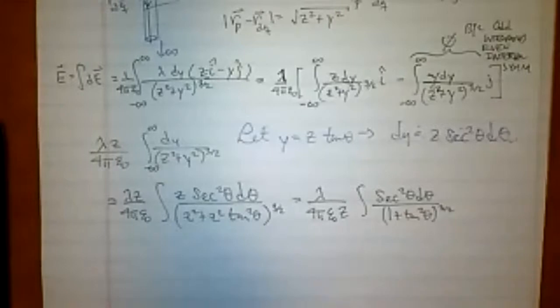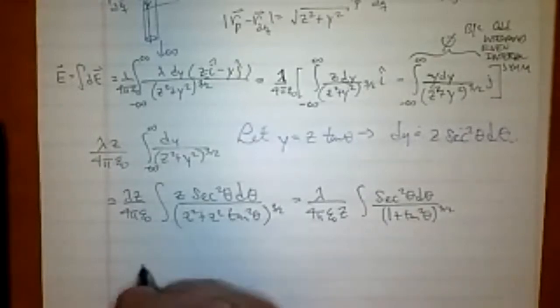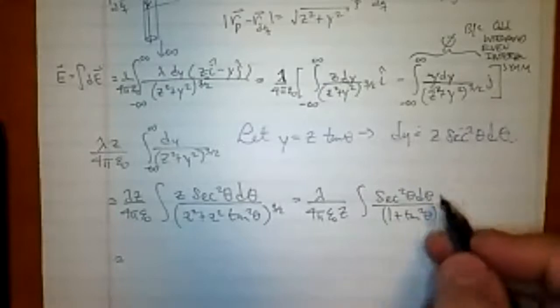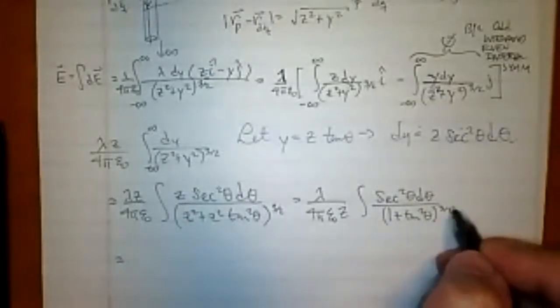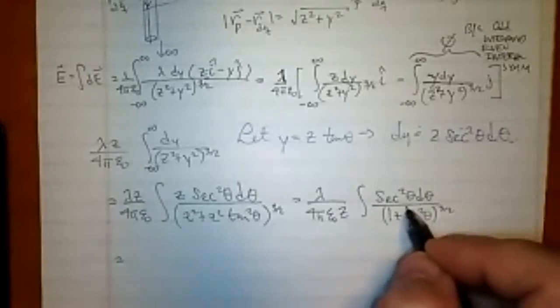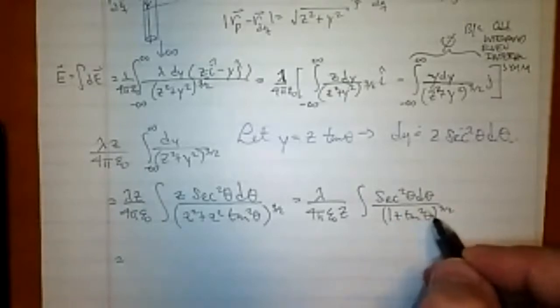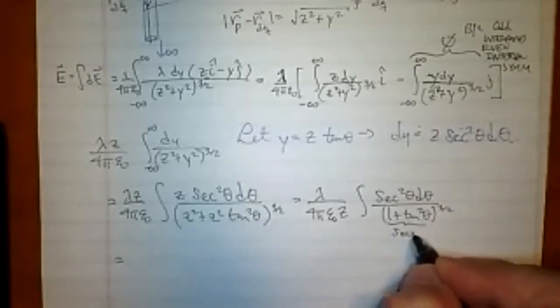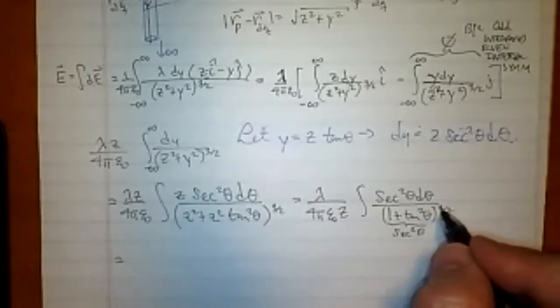And of course, you all know what 1 plus tangent squared is, don't you, from your trig identities? Secant squared theta. Very good. So now we've got secant squared theta over secant squared theta, but secant squared theta is raised to the 3/2. So it's secant cubed theta, really. So this part right here is just secant squared theta, but that square is going to cancel out with 2, leaving a 3.